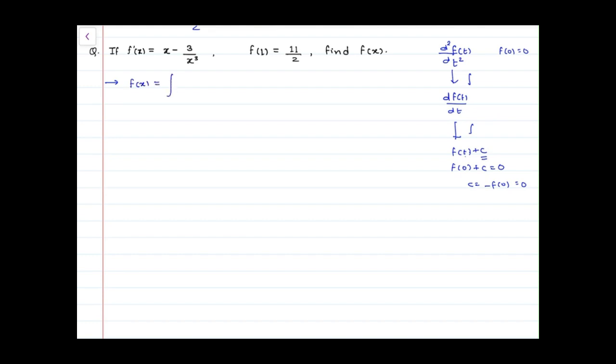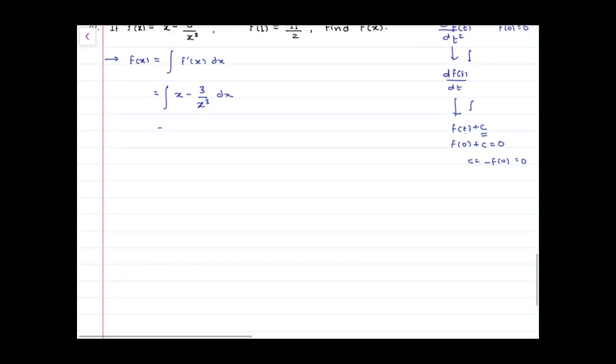So f of x will be equal to the integration of f dash of x dx. Let's substitute the value: x minus 3 upon x cube dx. You need to integrate this. It's simple integration. You need to use the formula for x raised to n, right? So it will give you x raised to n plus 1 divided by n plus 1, right?